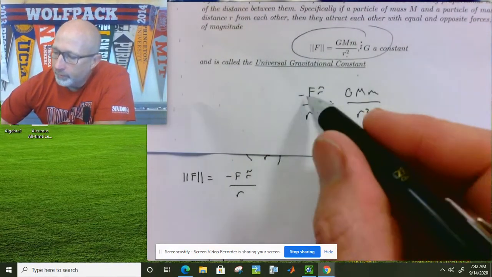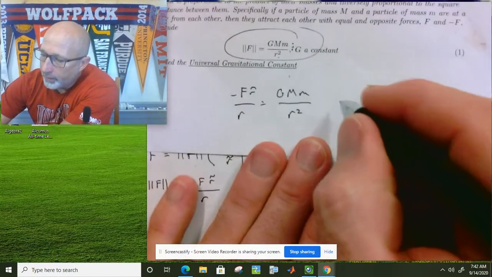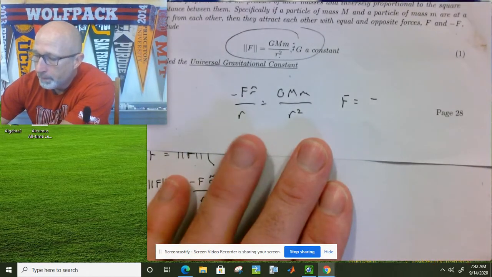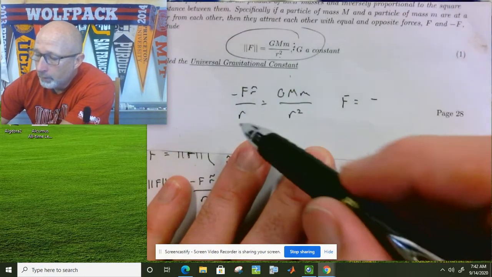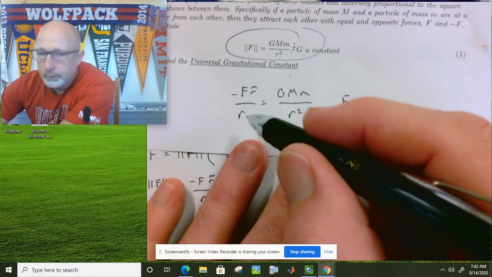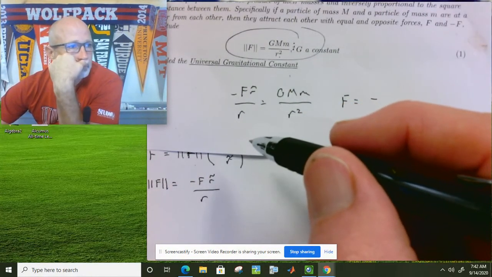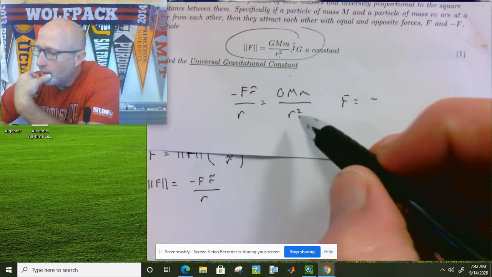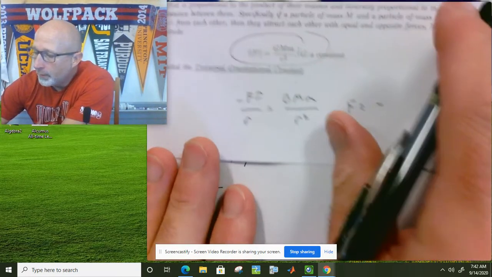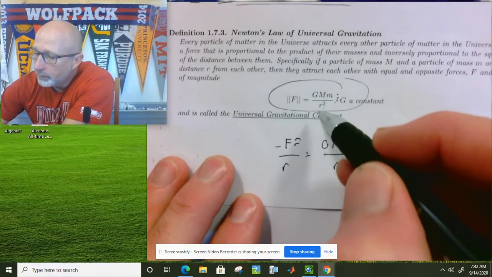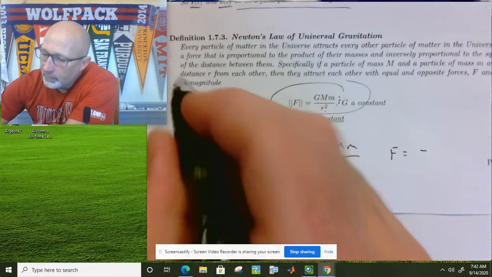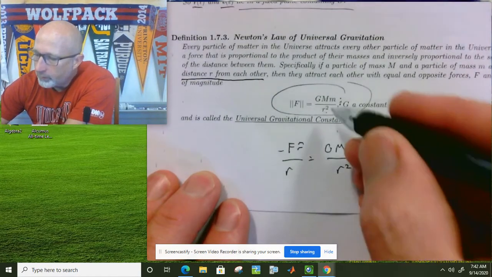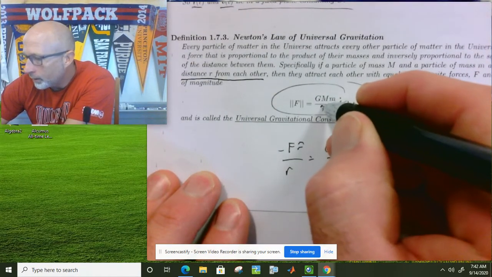And then I'm going to solve for F. In solving for F, I get F is equal to negative... I have to go back here real quick and talk about what this R is. R right here is the distance from each other. So in other words, this is an R, but it's really an R tilde.